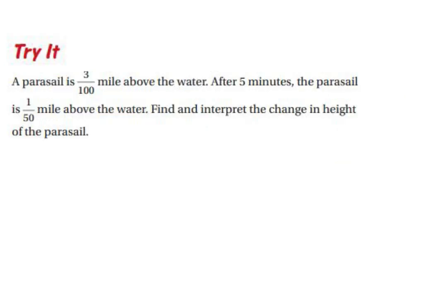Now it's your turn. This is the last part of our lesson. A parasail is 3/100 miles above the water. After 5 minutes, the parasail is 1/50th of a mile above the water. Find and interpret the change in height. Once you're ready, go ahead and push play. So we have 3/100ths, and we're taking away 1/50th.